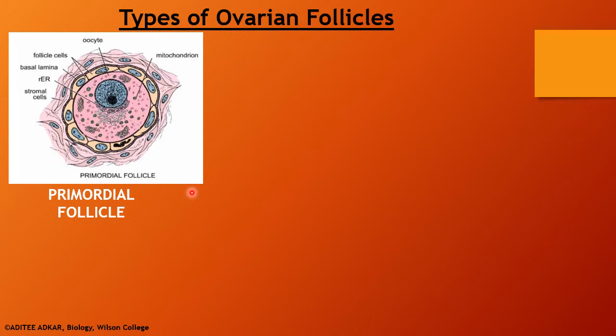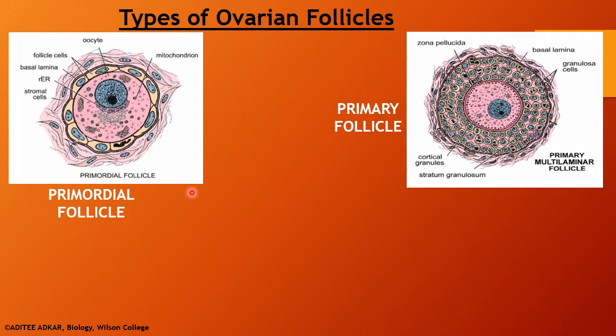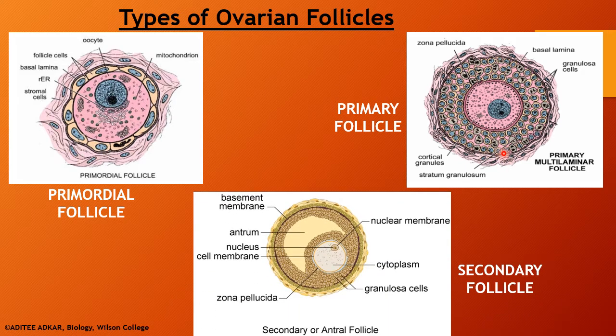The primordial follicle develops into a primary follicle. In the primary follicle, this is the oocyte, and it is now surrounded by many layers of granulosa cells. Further, the primary follicle develops into secondary follicle.